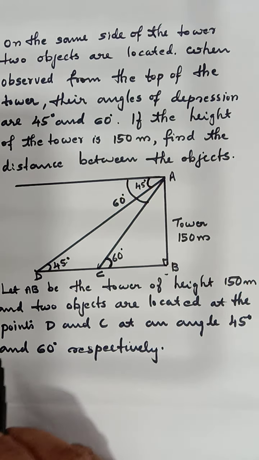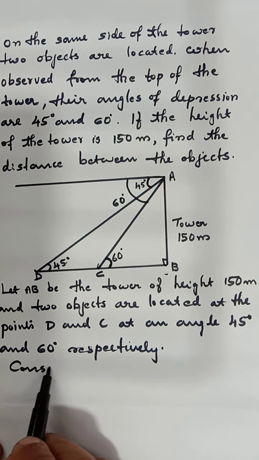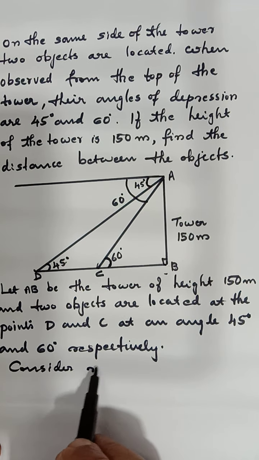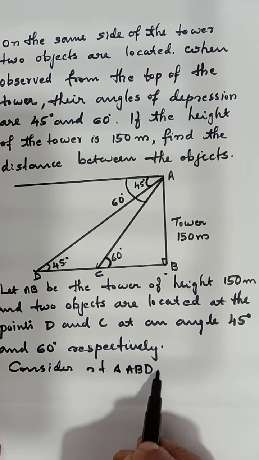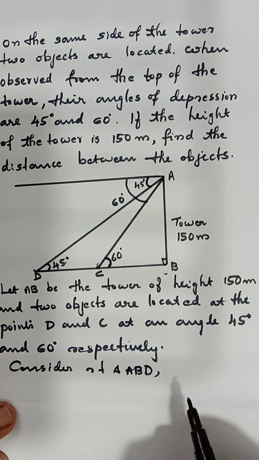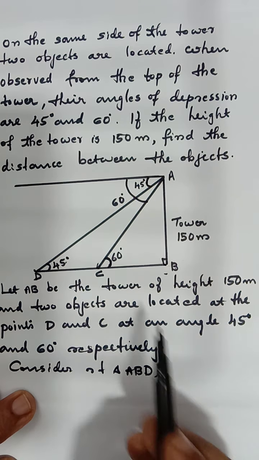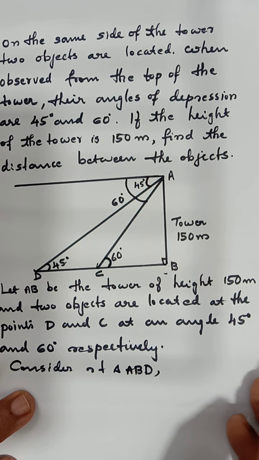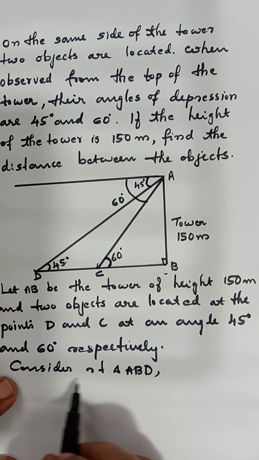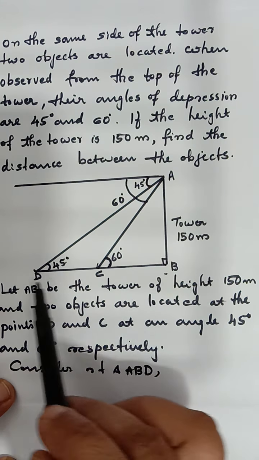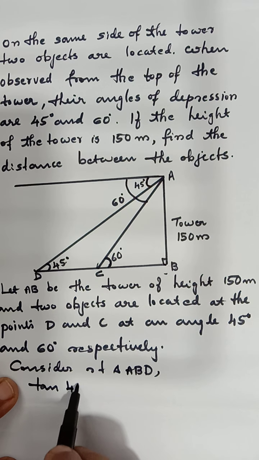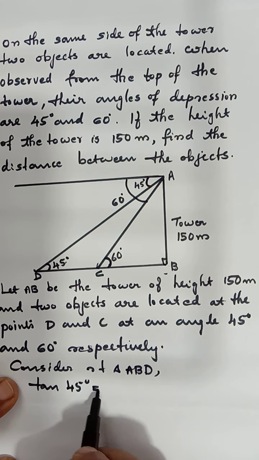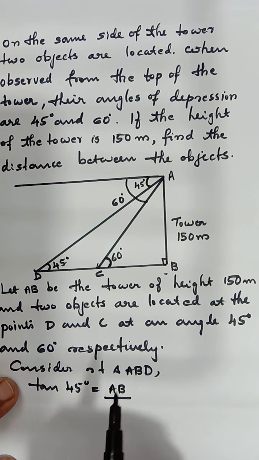So let us write the steps. Consider right triangle ABD. It is always better to start with tan 45 degree because tan 45 equals 1, so it is easy for you. In right triangle ABD, tan 45 degree is equal to opposite side AB by adjacent side BD, or DB.